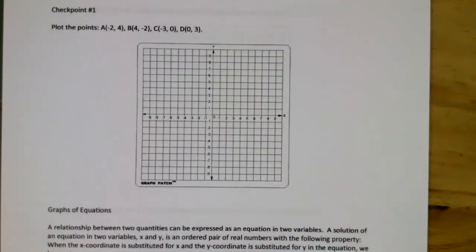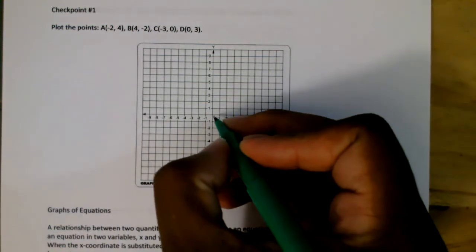Like in this example here, let's say I want to plot the points A, which has the ordered pair -2, 4, B with the ordered pair 4, -2, C with the ordered pair -3, 0, and D, 0, 3. Let's start with point A, which has the coordinates -2, 4. We always start at the origin.